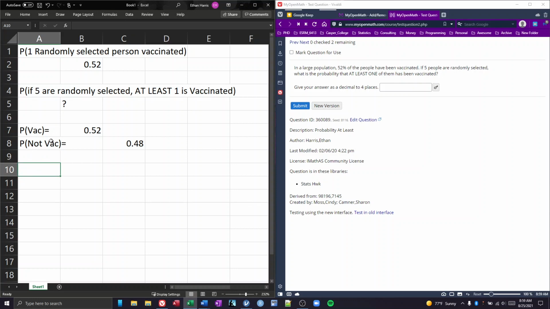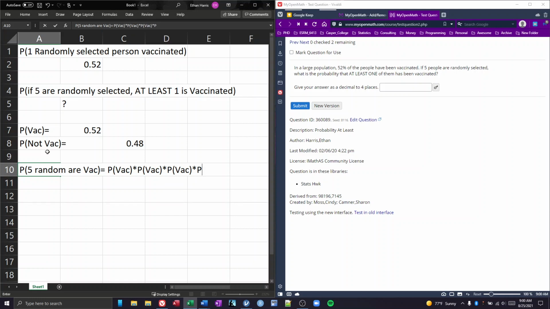Okay, well, we're trying to do if 5 are randomly selected, at least one is vaccinated. Let's do the probability of 5 randomly selected people being vaccinated. That's just going to be probability of vaccinated times the probability of vaccinated times the probability of vaccinated. You get the idea.